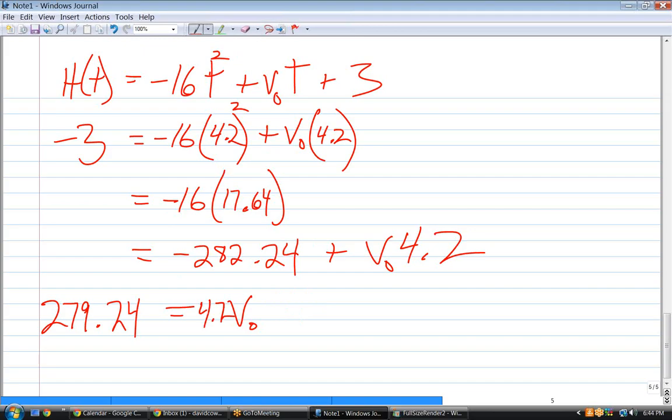Yeah. Now solve for v sub 0. How? You divide by 4.2. Go ahead. 279.24 divided by 4.2 is 66.48.